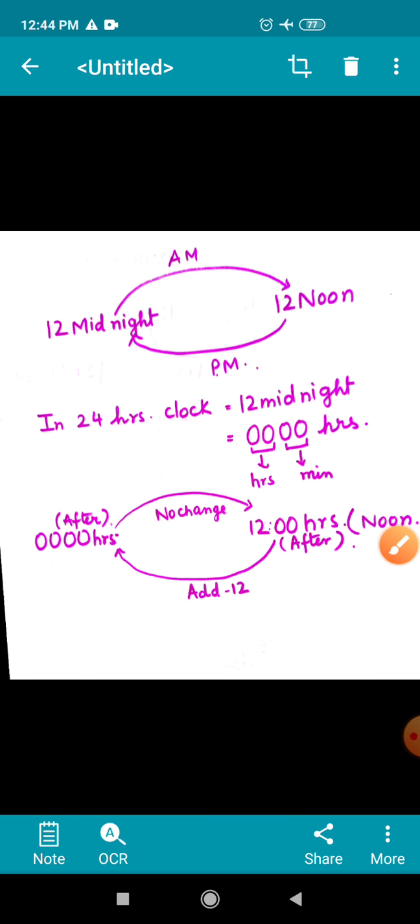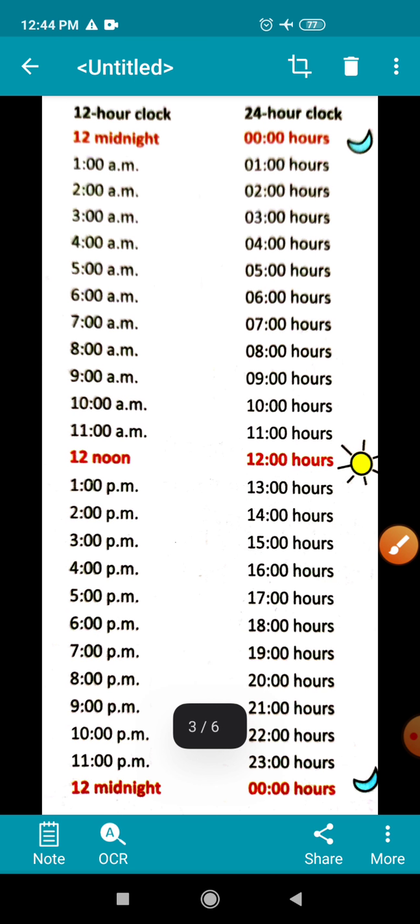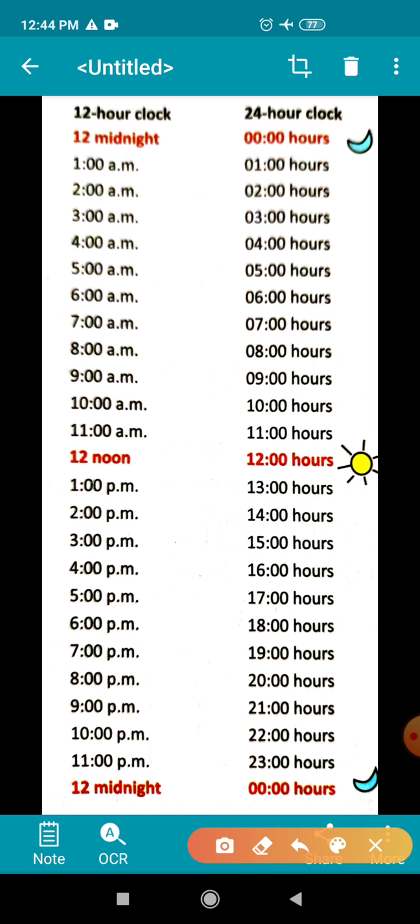This can be made clear with this table, children. Here, as you learned just now, this is the 12 hours clock and this is the 24 hours clock. 12 midnight is represented as 00 hours, and from 12 till 12:59, you will subtract 12. Okay.